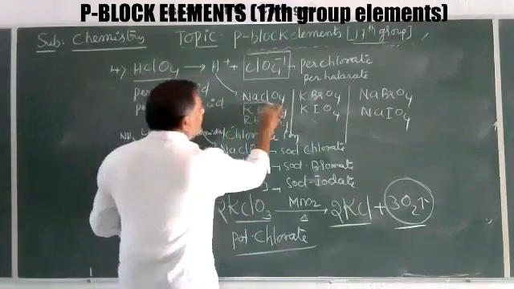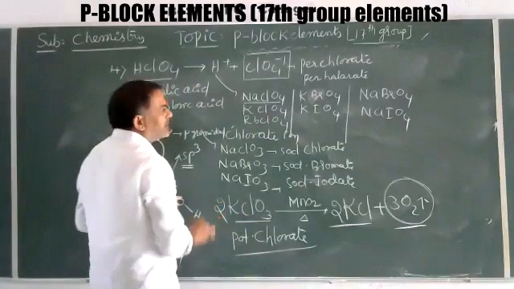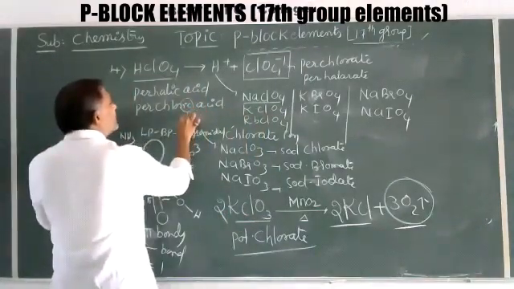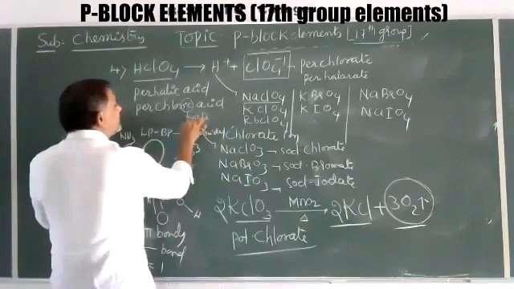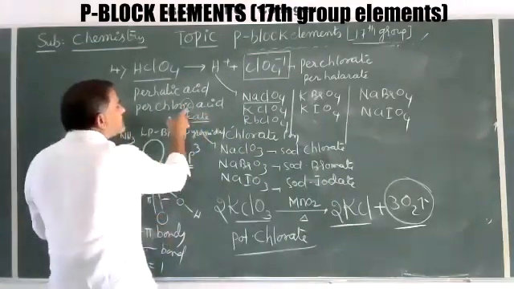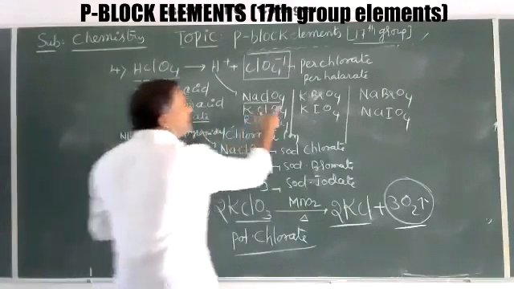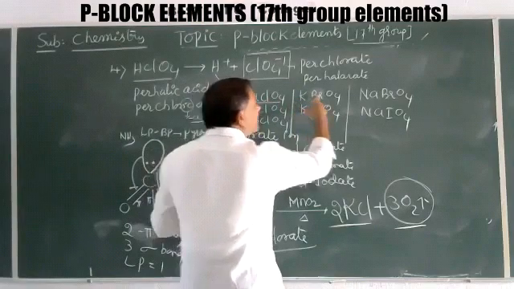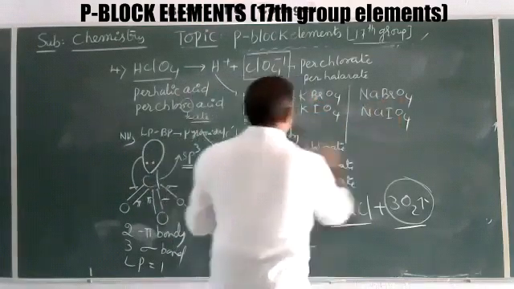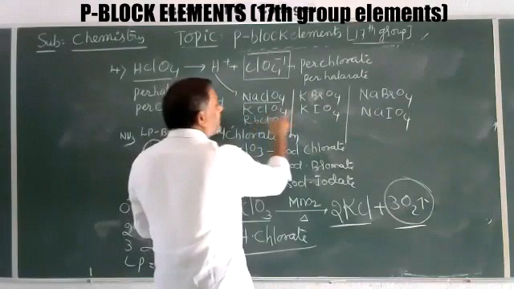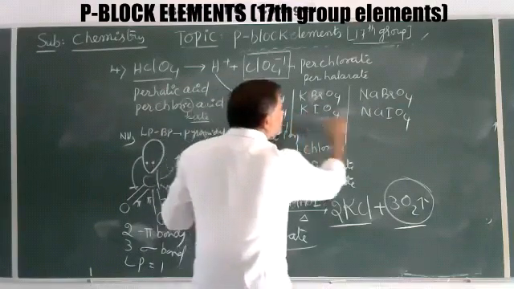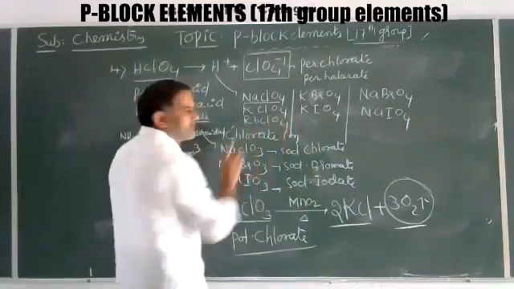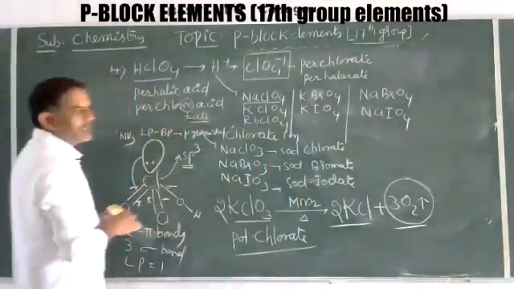Sodium perchlorate. Because here ic is converted into ate, chlorate, and ous is converted into ite. That's why sodium perchlorate, potassium perbromate, sodium perbromate, potassium perchlorate, potassium periodate, sodium periodate, rubidium perchlorate. Names are very, very important.